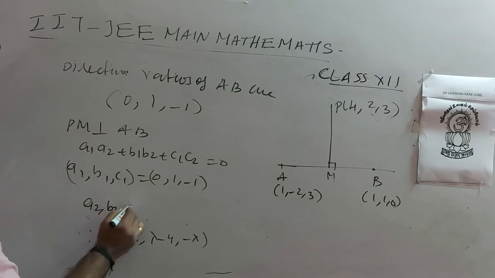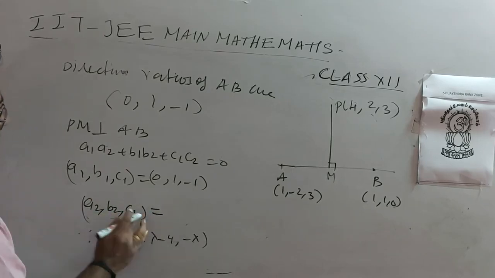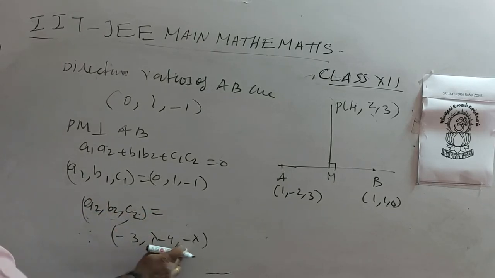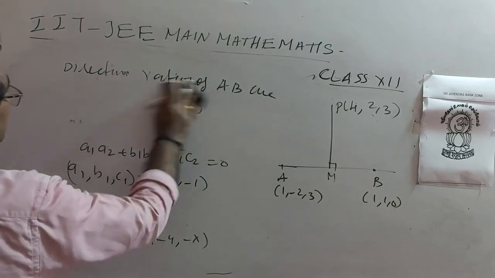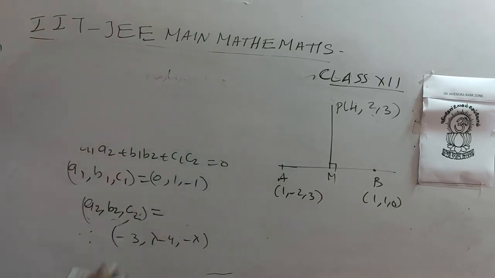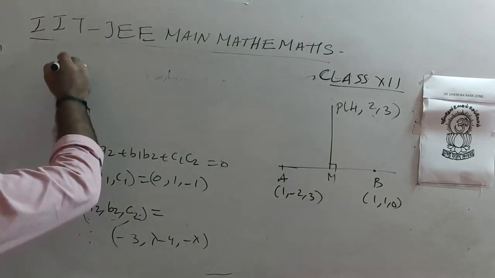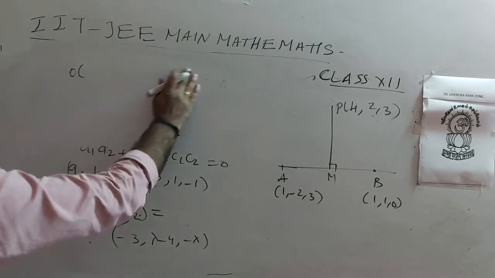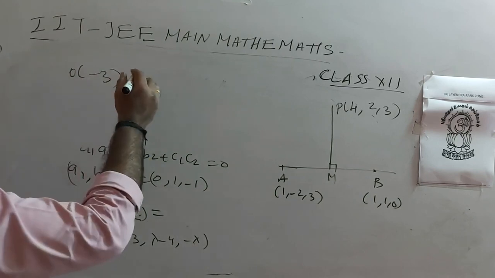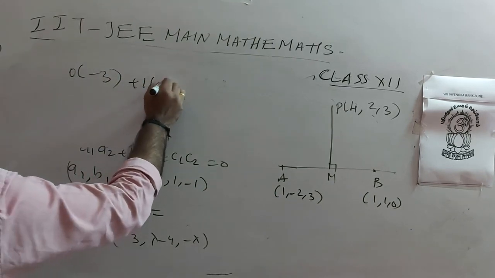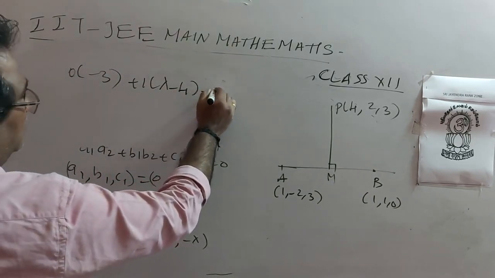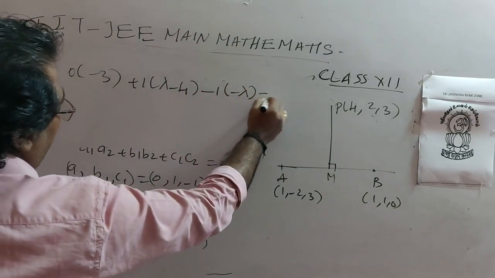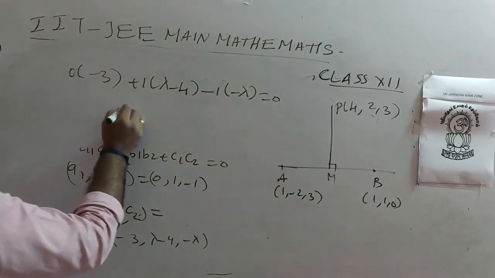A2, B2, C2 equal to minus 3 lambda, minus 4 minus lambda. Zero into minus 3, 1 into lambda minus 4, minus 1 into minus lambda equal to 0.